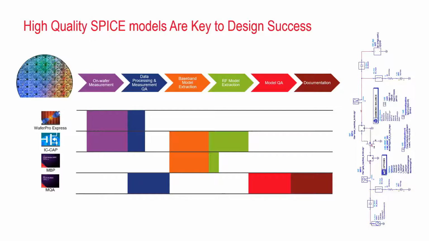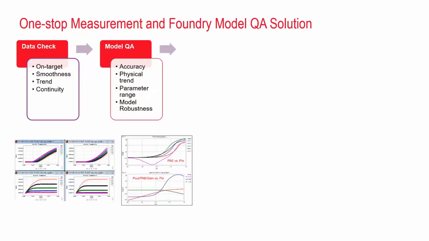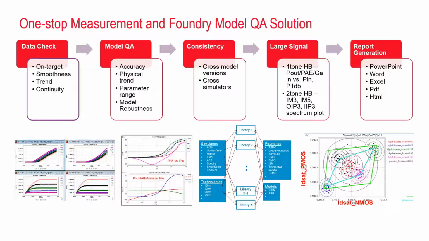Keysight's MQA frees model engineers from tedious measurement loading, complicated foundry library parsing, and interacting with simulators, all the way to report generation. MQA takes care of and automates the entire QA flow and comes with abundant built-in QA routines for every standard SPICE model, as well as check functions that can auto-detect and flag violations.